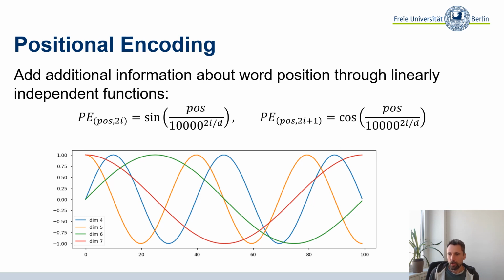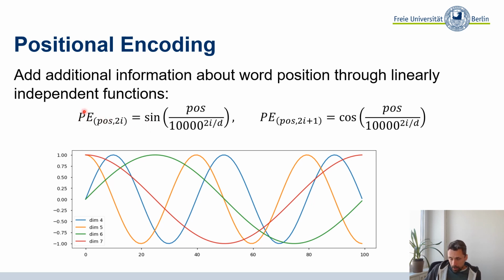And so the authors in this paper proposed this positional encoding with sine and cosine waves, which is such a great idea. I think it's an underrated contribution, and I hope you feel the same after seeing what I've now explained to you.